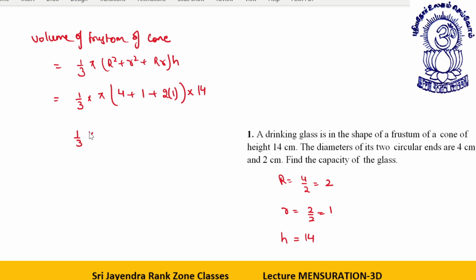This is 1 by 3 into 22 by 7 into 7 into 14. 7 and 7 cancel. 22 into 14 is 308, divided by 3, or you can say this will be 102.667. I hope so far everything is clear to everyone. This was an easy question. 102.667. Next question we have.